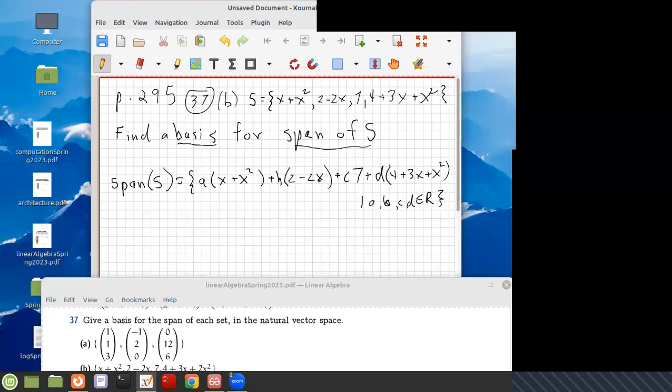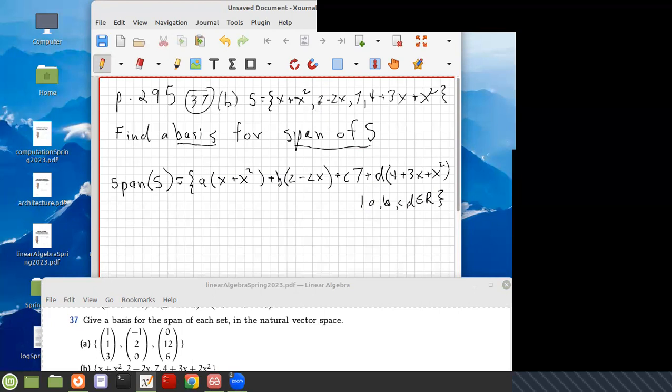This is just from the definition of span: you put a number in front of each vector and add them up, where the coefficients can be any numbers.